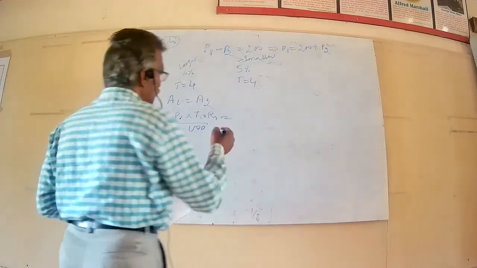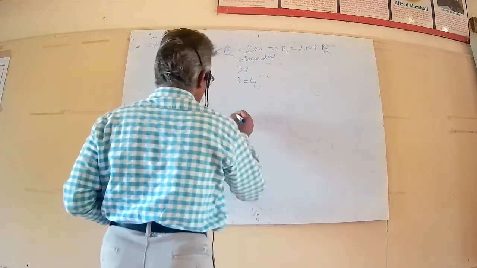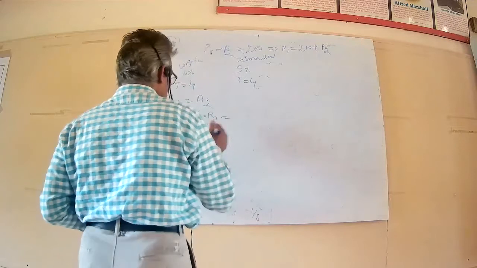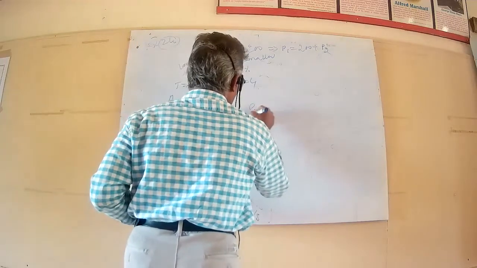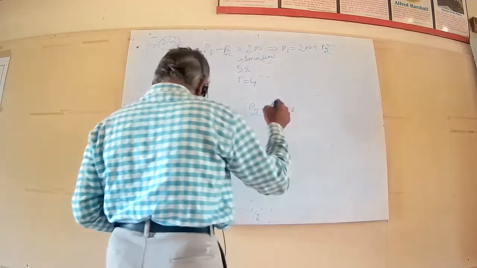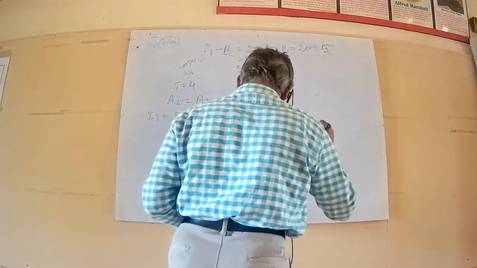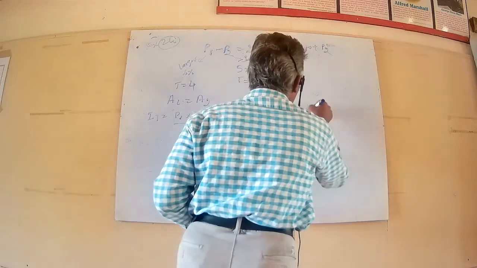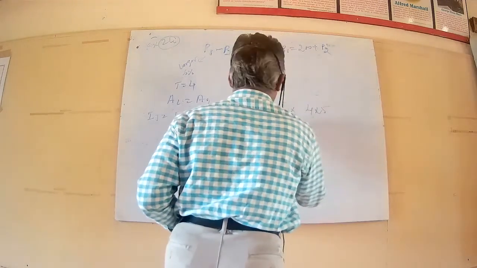So I1 equal to P2 plus 200 into 4 into 5 divided by 100.